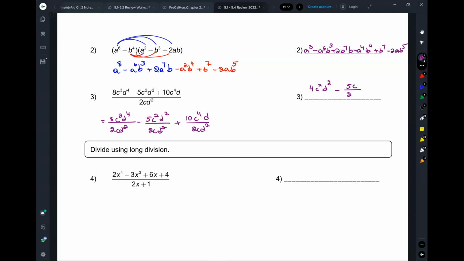Plus, 10 over 2 is 5. C cubed, right? What about d? D is going to be d to the minus 1, so it goes to the denominator as d. So this term is 5c cubed d to the minus 1, but the d to the minus 1 has to move down. For negative 5c over 2, can you also write it as negative 5 over 2c?